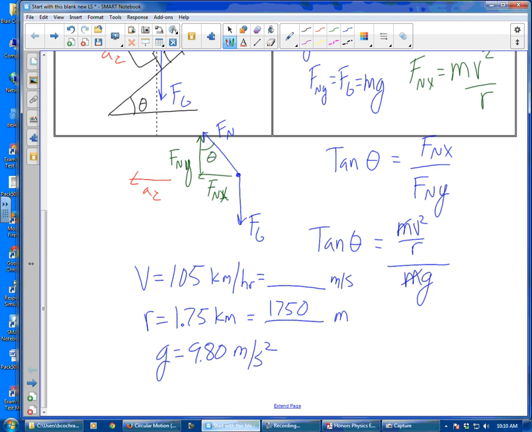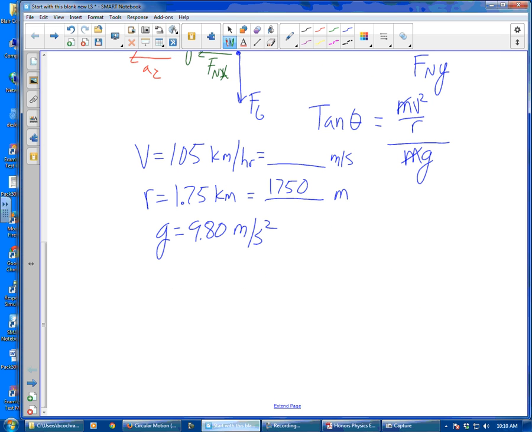Well, then my next mathematical step would be to say, okay, I want theta, that's going to equal the inverse tangent, or arctan, of, and I'm just going to simplify this to v squared over r over g, which, if I think about that, is v squared over r times 1 over g.